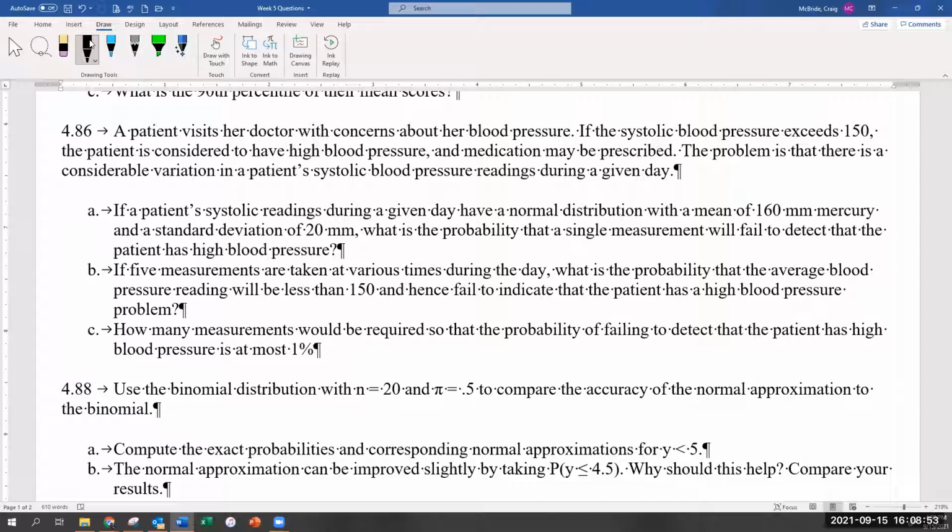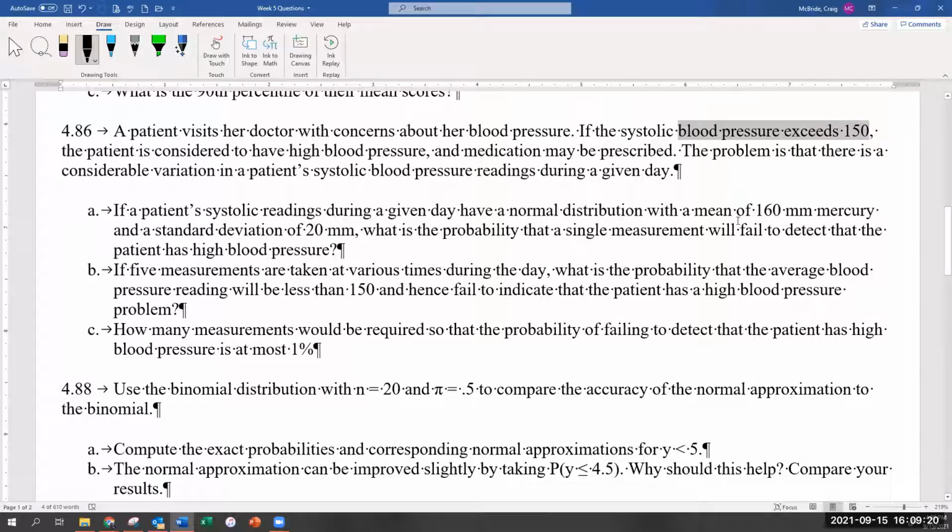And so this particular question says, what's the probability that a single measurement will fail to detect that a patient has high blood pressure? Well, that is just a fancy way of saying, what is the probability that that one measurement will be 150 or less, right? Because they tell us up here that your blood pressure has to be above 150 in order to be considered high blood pressure.